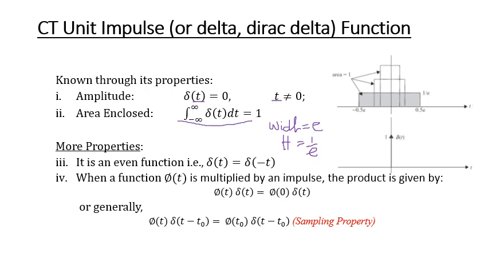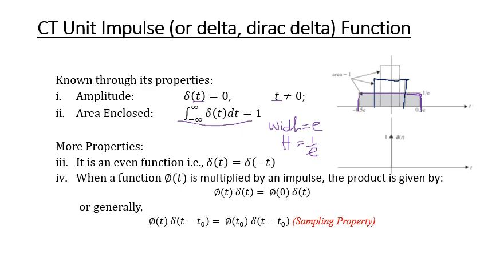If you look at this case here, the width is very big, so it has a big width, and correspondingly the height is small, right? Now if I compress this, it will result in another impulse which has smaller width but higher height, maintaining the same area.